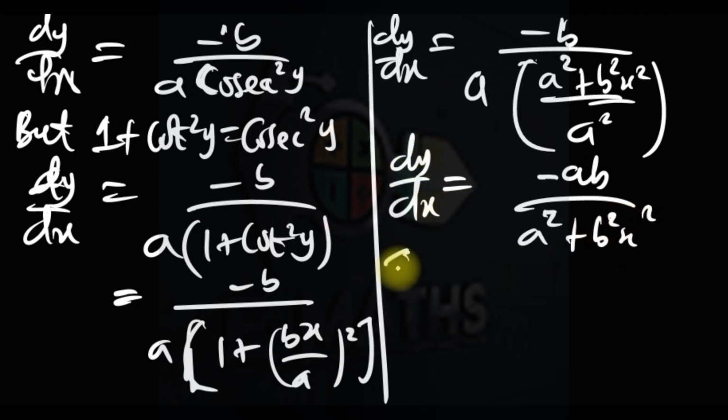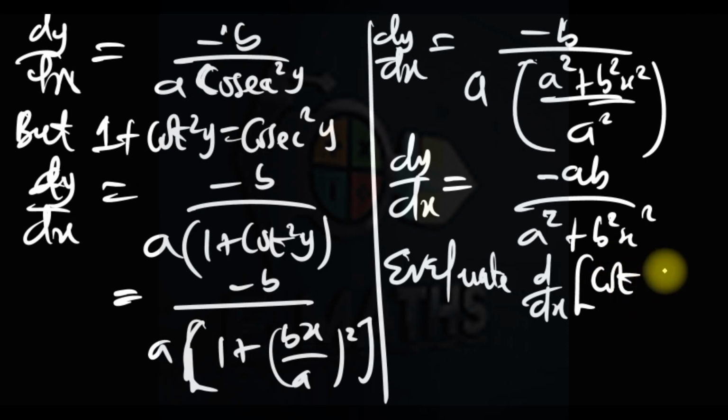So if someone asks you to evaluate d over dx of maybe cot inverse of 6x over 5, the answer is just, if you compare, a is 5 and b is 6.